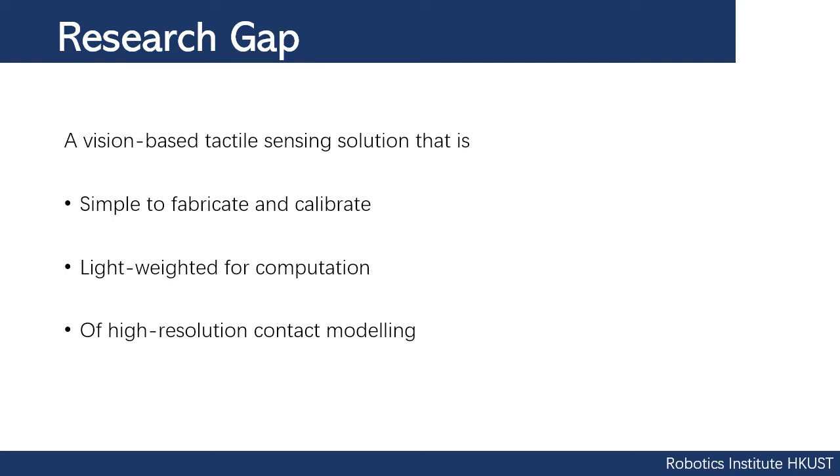A research gap here is we want a vision-based tactile sensor that is simple to fabricate and calibrate, and we want the computation to be lightweight. Also, the resolution should be high for contact modeling.